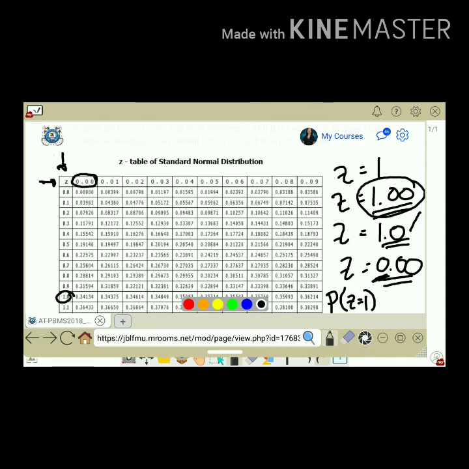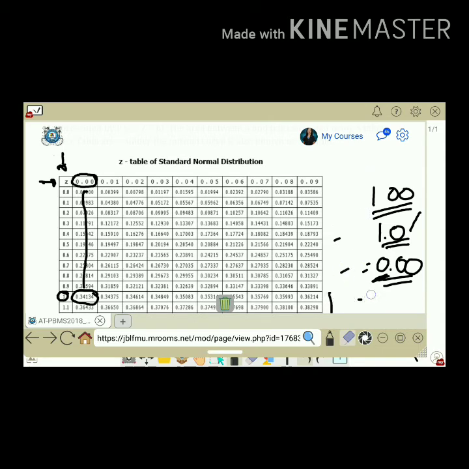Find the intersection; the value or the area for that one is this one. This is the area of z equal to 1.0. Okay, the area is 0.34134.